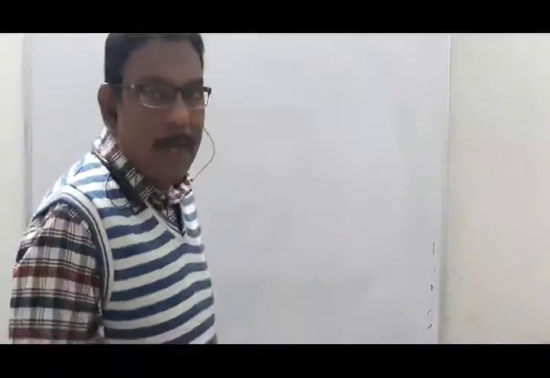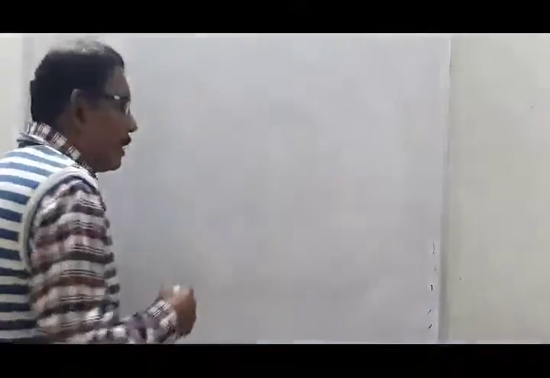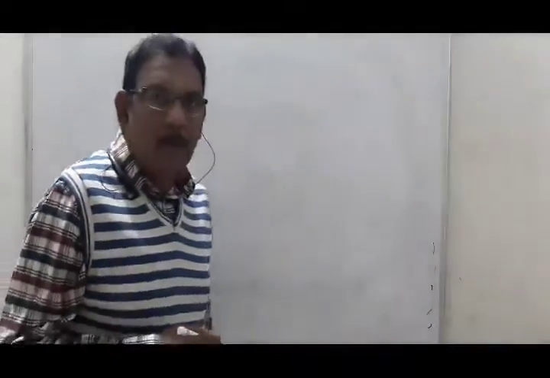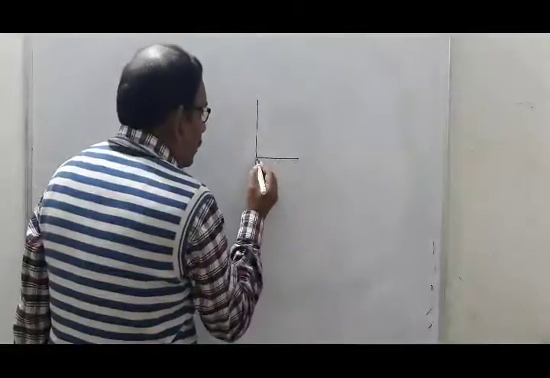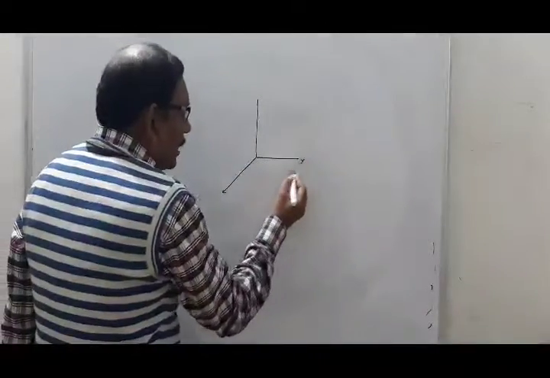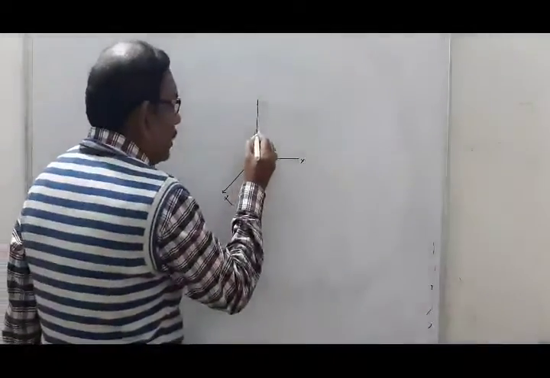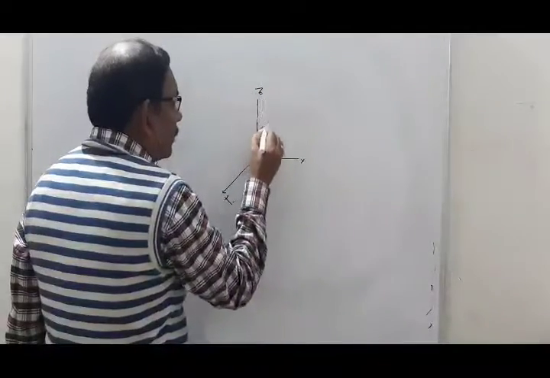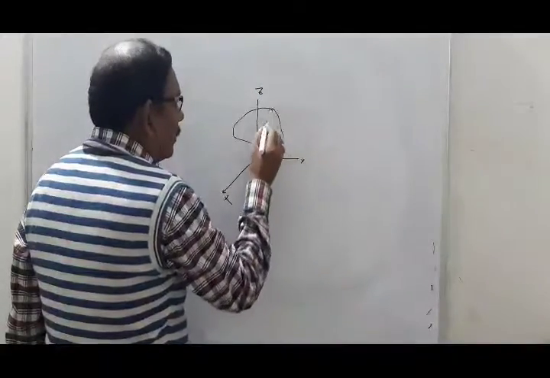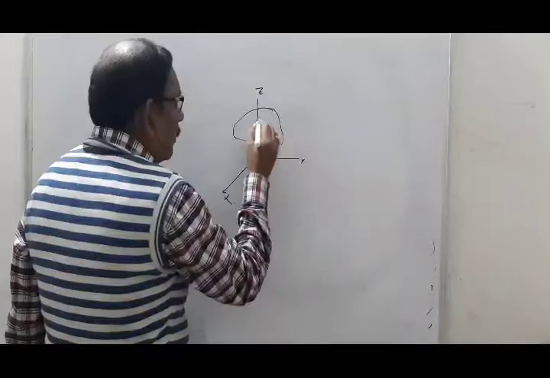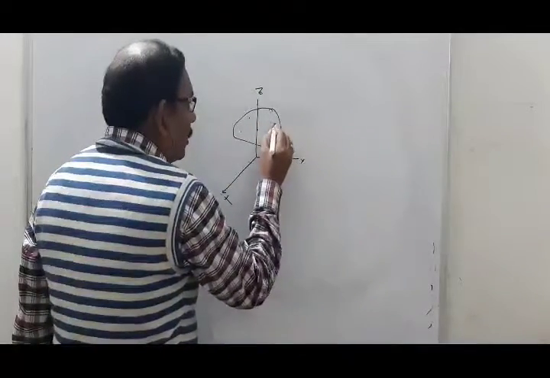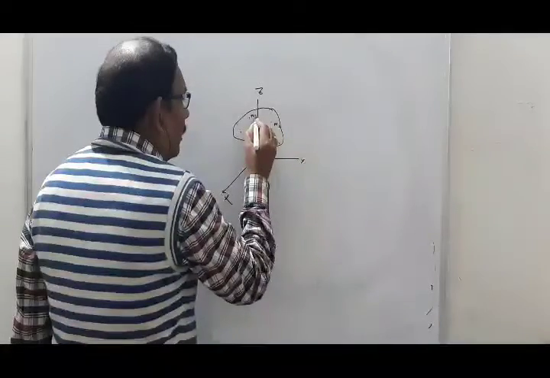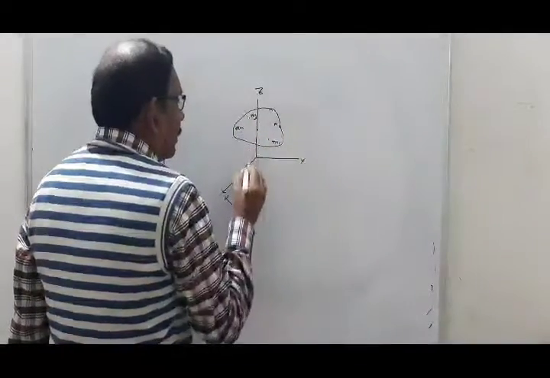Let's consider a rigid body consisting of n number of particles. We rotate it about an axis through the point O. This is your y-axis, this is the x-axis, and this is the z-axis. It is a rigid body with particles of mass m1, m2, m3 up to mn.